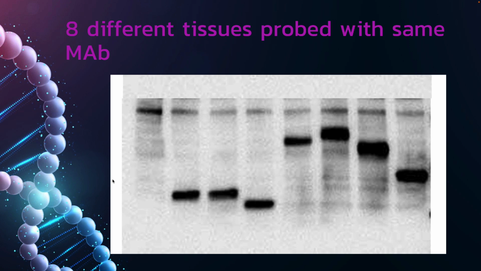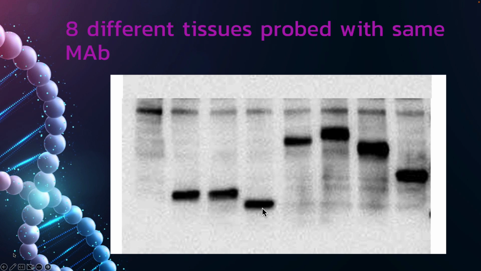Now this is really interesting because what it shows us is that of the 8 different tissues, one of them doesn't really have much of a band at all, so perhaps that protein is not made in tissue 1. Tissues 2 and 3, the protein is about the same size, right? Because remember, if they're at the same level, they're the same size. So it looks like tissues 2 and 3 process the protein the same way.